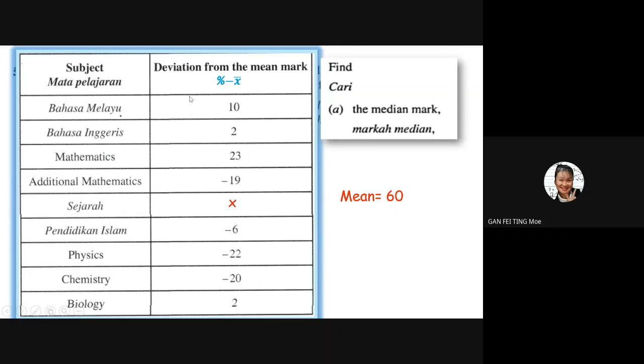Tapi saya telah diberitahu jarak dia, jauh dia sisihan markah saya dengan markah min adalah 10. Bermaksud peratus markah X saya, markah BM, tolak 60 is 10. Maka dengan itu, 10 tambah 60 will be 70 your markah for BM. Do you get me?